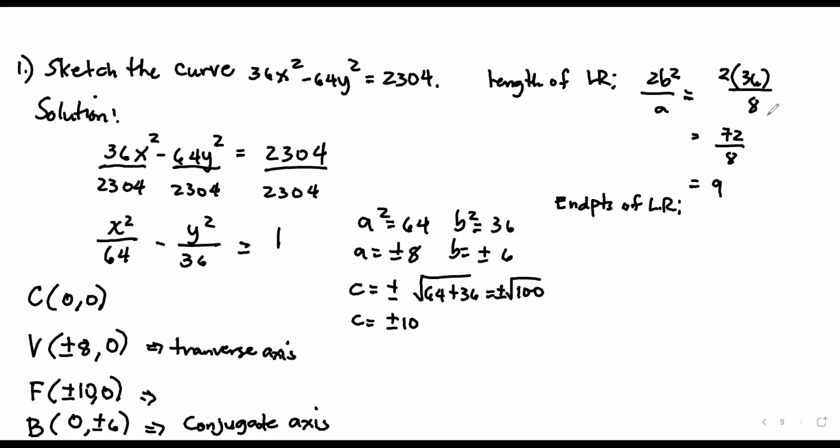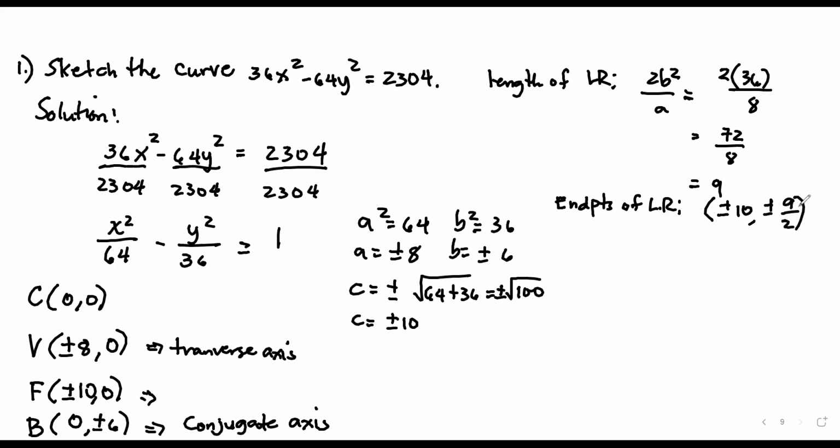Endpoints of LR are, so we will have, sa c yan, di ba, ang LR. Positive, negative 10, tapos b squared over a, 36 over a. So positive, negative. So we have 10, positive, negative, 36 over 8, divide by 4. 9 over 2 po. 9 halves.